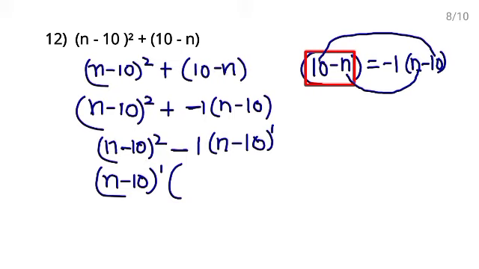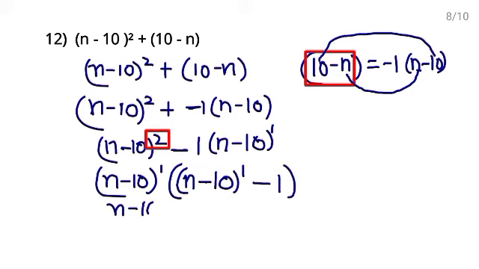Right, now in the bracket this was power 2. One power we already have taken as the common binomial factor. So in bracket we will be left with (n minus 10) raised to the power 1, minus 1. Now open it. (n minus 10) raised to the power 1 can also be written as n minus 10.